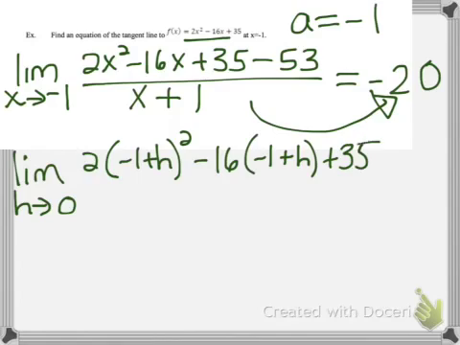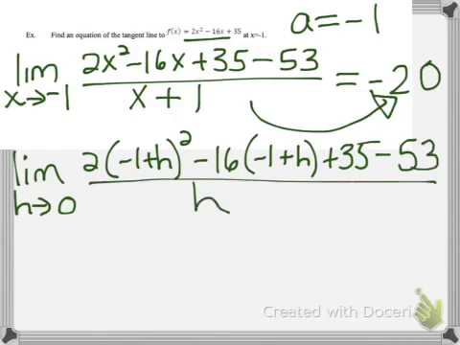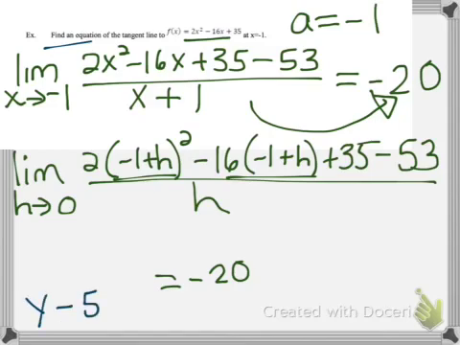That's f of a plus h minus f of a, 53, all over h. You simplify, I would FOIL, I would distribute, combine like terms. Again, you should get negative 20. Okay? And then putting it back together, write the equation of the tangent line. So the equation of the tangent line is going to be y minus the y value, which is 53.